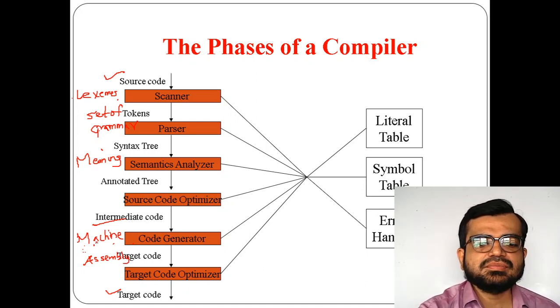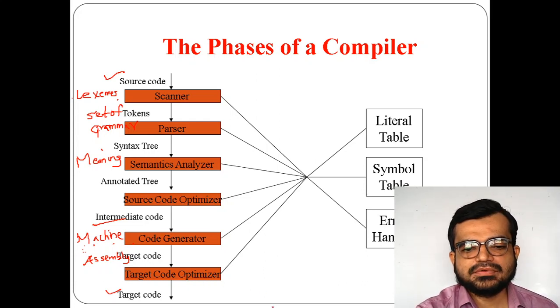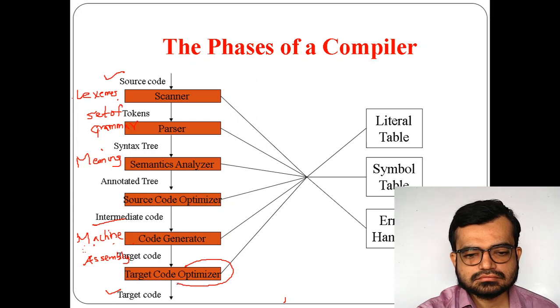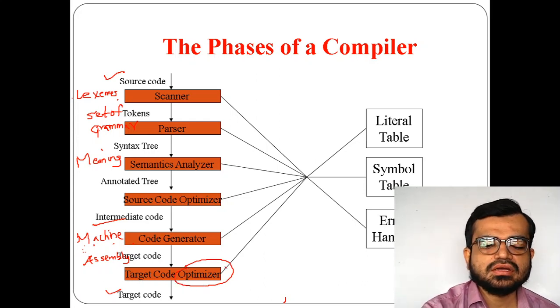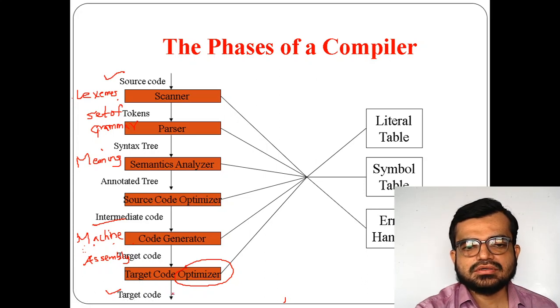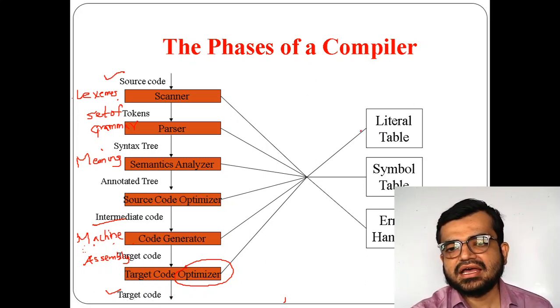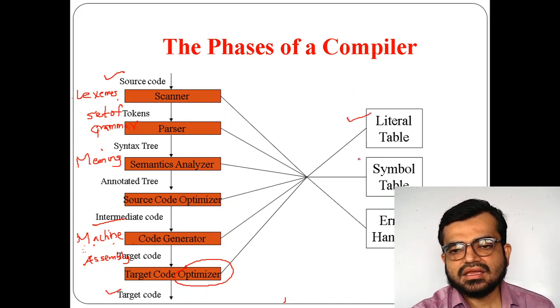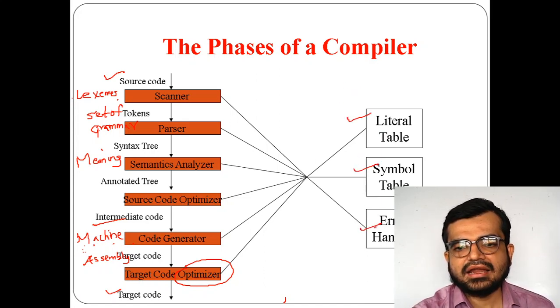Again this machine or assembly code should be optimized by the optimizer. Finally you will achieve the target code, but along with that we may have a literal table, symbol table and error handler.